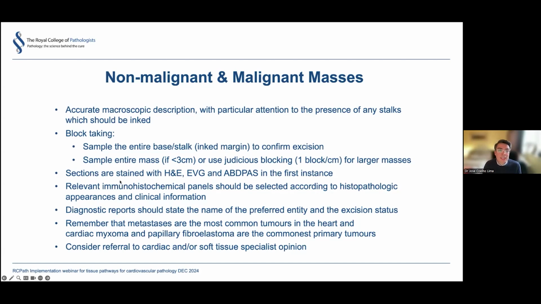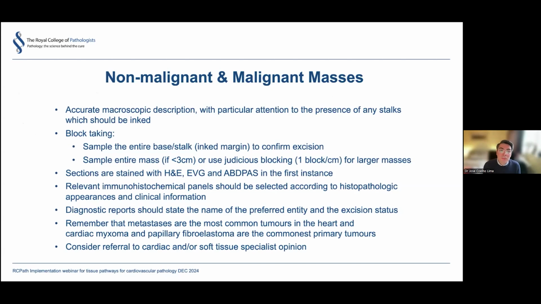The sections are stained with H&E, EVG, and ABDPAS in the first instance, and relevant immunohistochemical panels should be considered or selected according to the histopathologic appearances and the clinical information to confirm a specific diagnosis. The diagnostic reports should state the name of the preferred entity and the excision status if accessible.